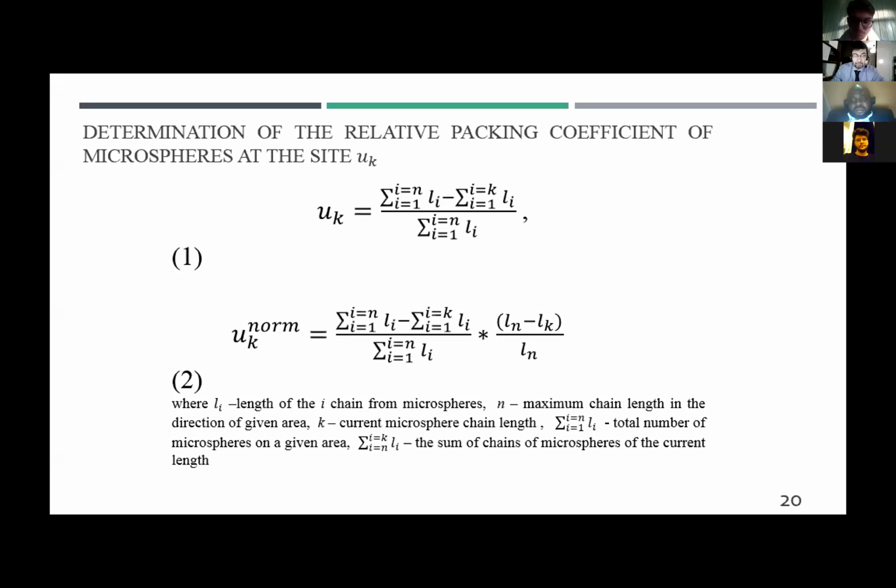Then, using formula 1, the calculated data L_E give the normalized packing factor. The physical meaning of the coefficient can be denoted as the product of the number of particles packed in chains of length L_E relative to the total number of particles and the relative change in length L.